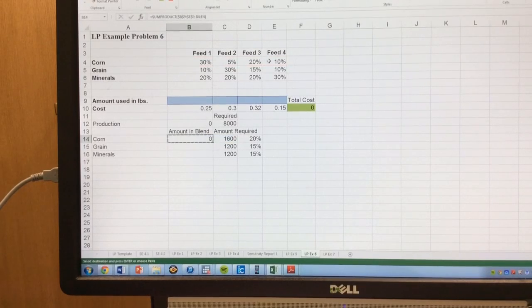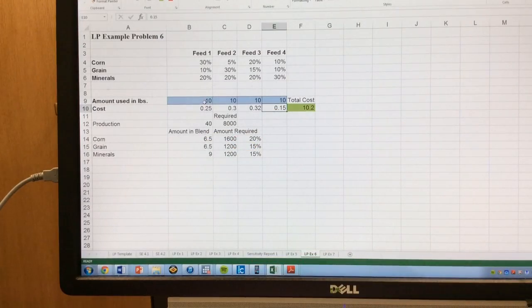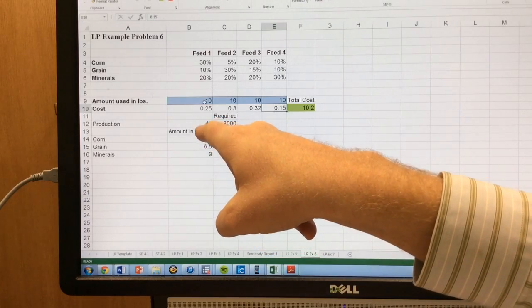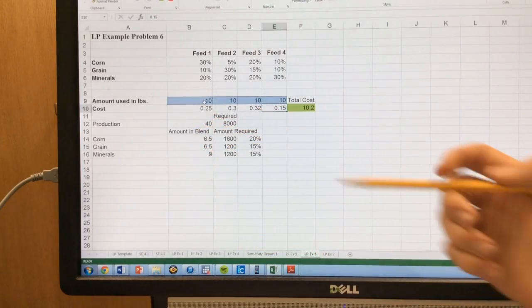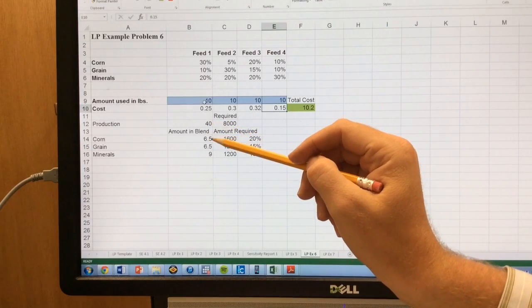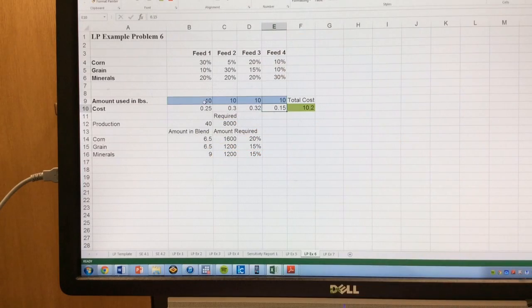And now I can just copy and paste this down, such that if I have 10 pounds of each, then I'm going to have 6.5 pounds within that 40-pound bag. 6.5 pounds of that 40 pounds is corn, 6.5 is grain, and 9 is minerals.